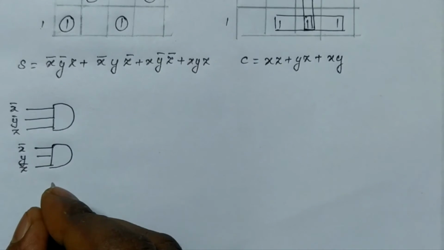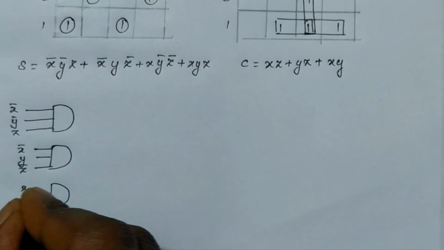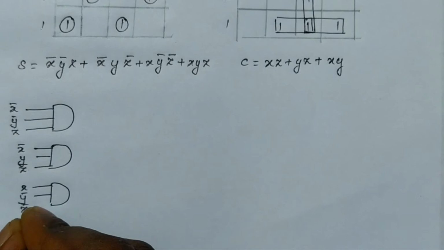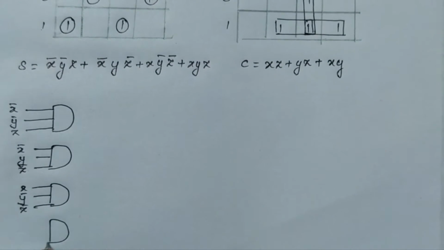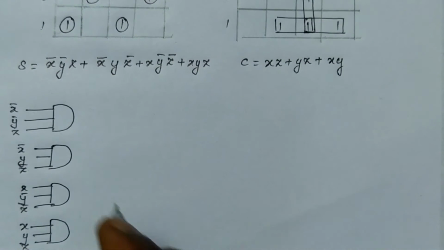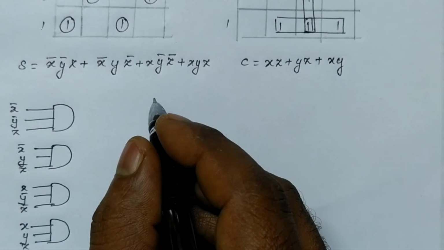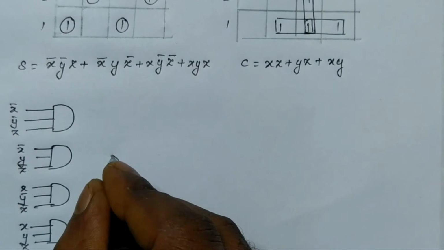Then the third one, again it's an AND gate, with the inputs x, y bar, z bar. And the last one, x, y, z. Then finally we are having a plus operator, which is nothing but the OR operation. Therefore here we can go for an OR gate.